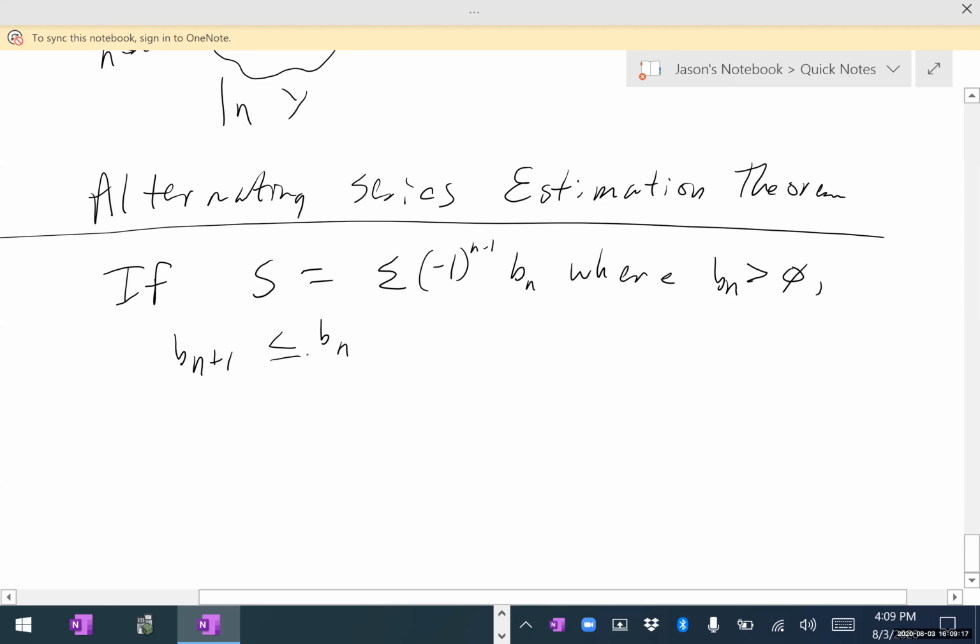This is what happens when you write notes late at night. I'm glad I questioned it. So where this is true, b sub n plus 1 is less than or equal to b sub n.